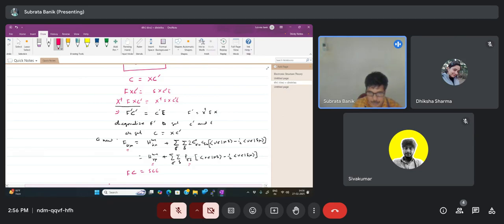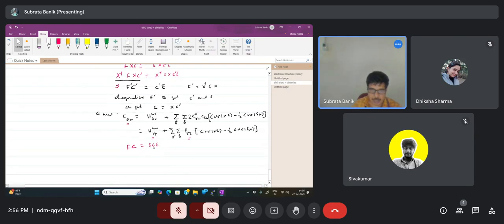And then you construct, you diagonalize this. From here, you get F prime C prime equal to C prime E. From that, by means of X, you get C prime, right?